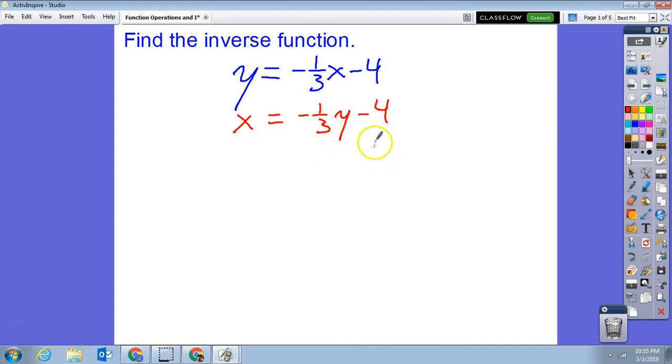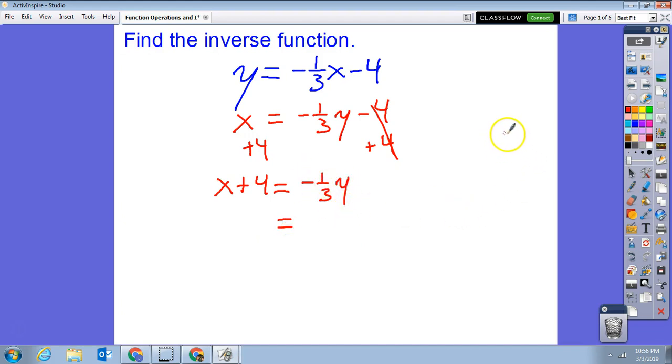So what we would do is we would add this 4 to this side and to this side. You would end up with negative 1/3 y. This would cancel, and over here x plus 4 is x plus 4. Remember, you can't really add those together. Then we want to get rid of the negative 1/3 y.